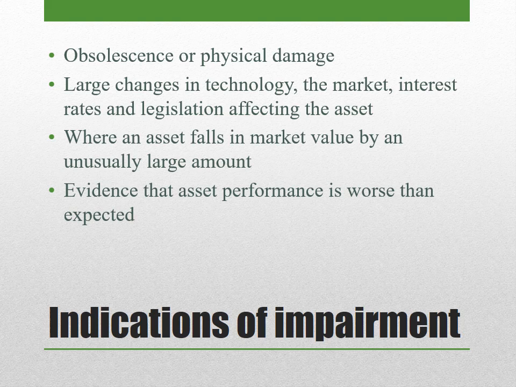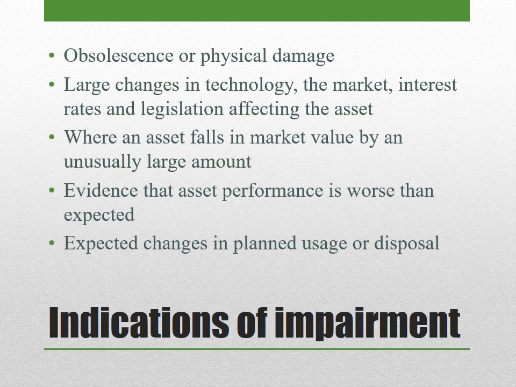We'd also take note of any unexpected worsening of performance of an asset. So, for instance, if we would expect an asset to be producing, let's say, 50,000 units a month, and we note that it's only producing 25,000 units per month, that might indicate an impairment.